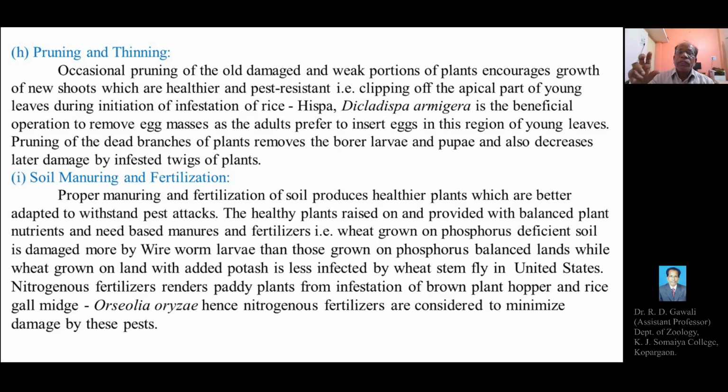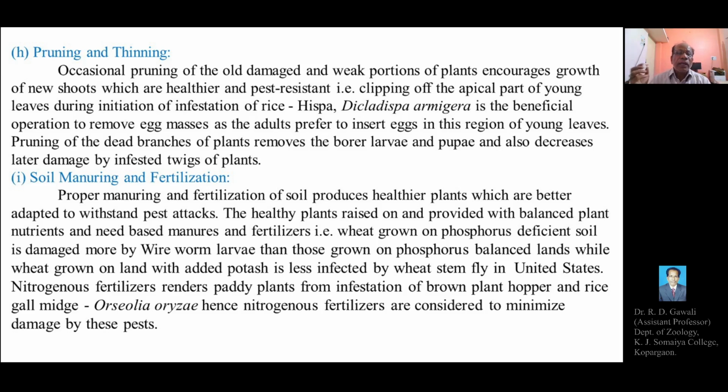So infestation of the wheat stem fly can be avoided with the addition of potash in the field of the wheat crop. And this is the practice reported from the United States.